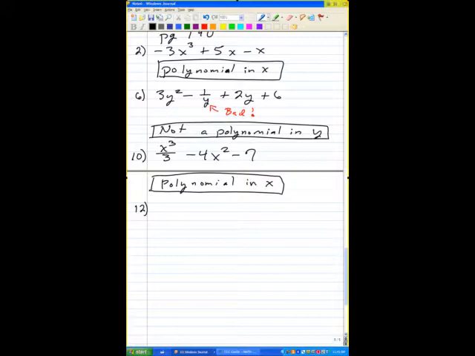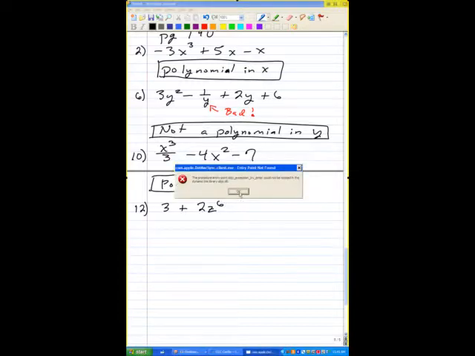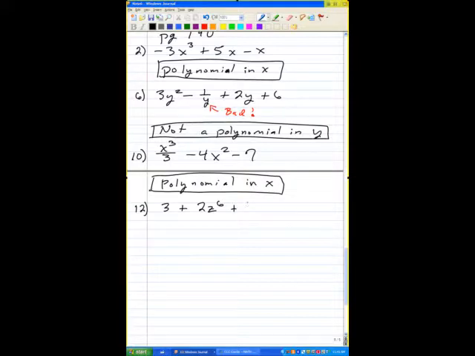Also find the degree and the constant term in each case. And so I have here 3 plus 2z to the 6 plus 3z squared minus z to the 4th.